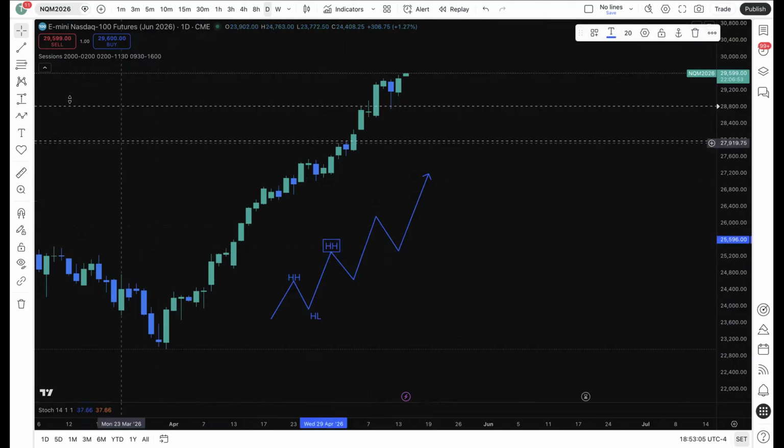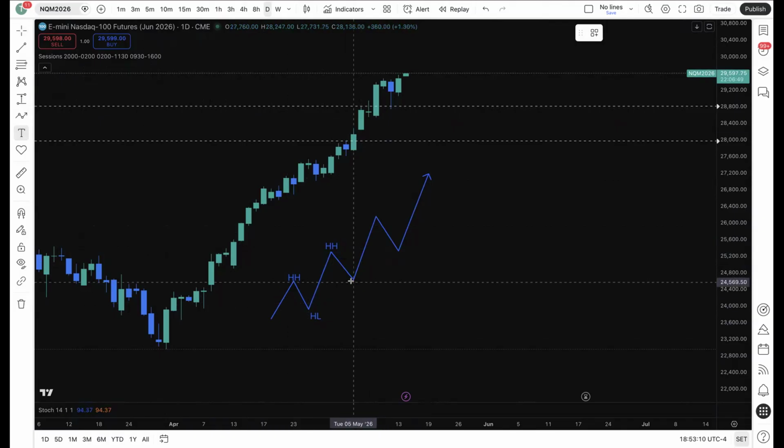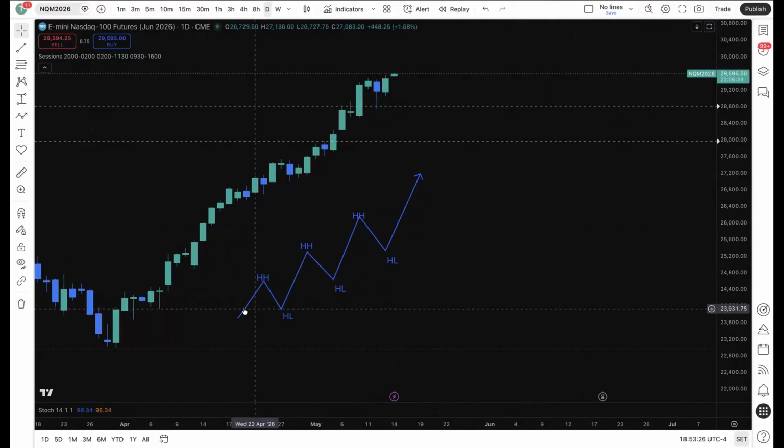Again, gotta keep it simple. Higher high and higher low. So this is an uptrend.